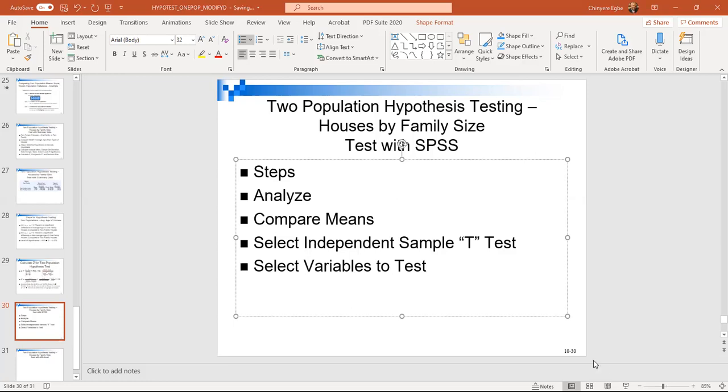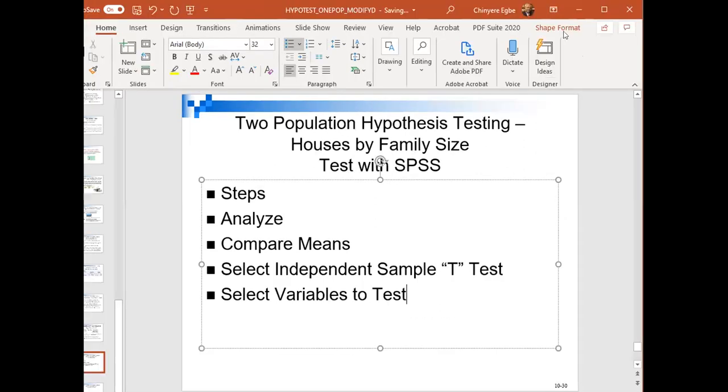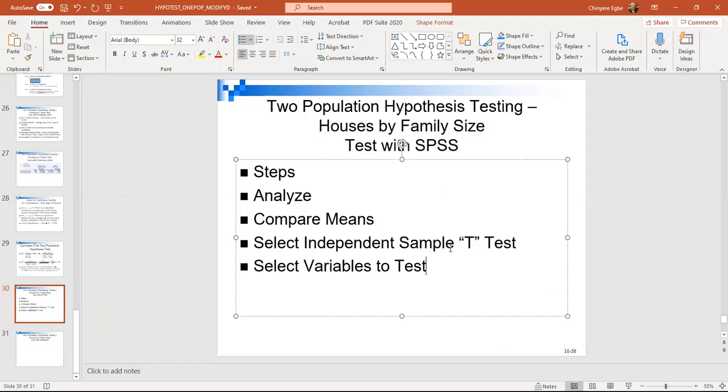you see a box. And the next thing is you select groups, the group variable.